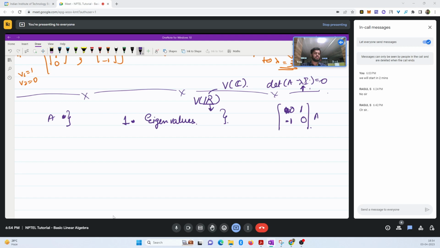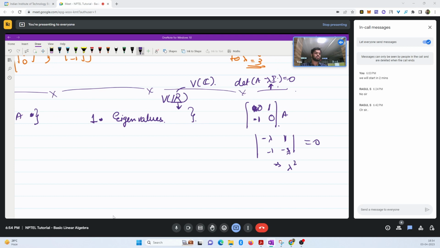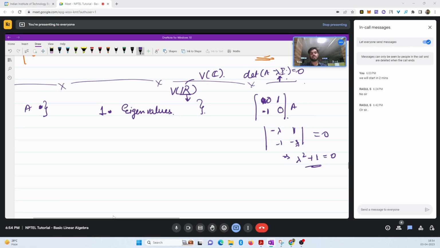If you find the determinant of A minus lambda I, this would be minus lambda, 1, minus 1, minus lambda, equal to 0. This would imply lambda squared plus 1 is equal to 0, and the solution does not exist in your real space, right?